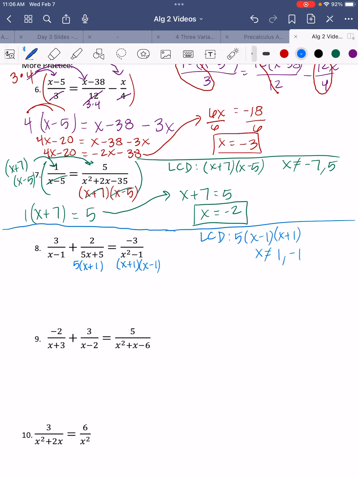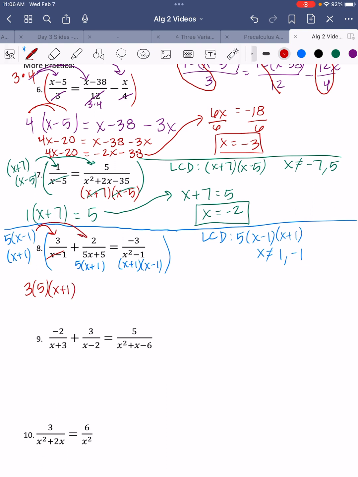All right, let's go through and multiply by 5 times x minus 1 times x plus 1. Whatever the fraction already has will cancel out. So x minus 1 would cancel, and 3 will be left multiplying by the 5 and x plus 1.